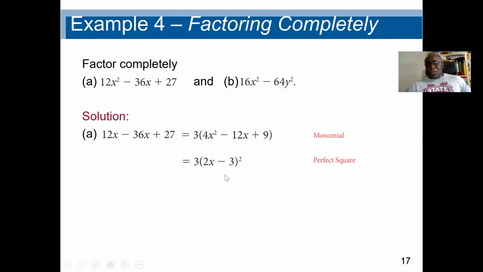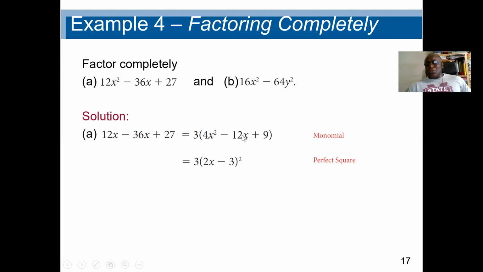After using the AC method, actually this is a perfect square, because we can see that we have (2x) all squared, then 9 will be 3 squared. So 2x times 2 times 3 will give me 12x. So this is a perfect square.